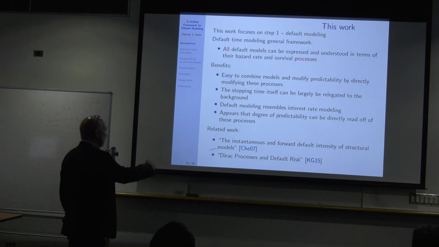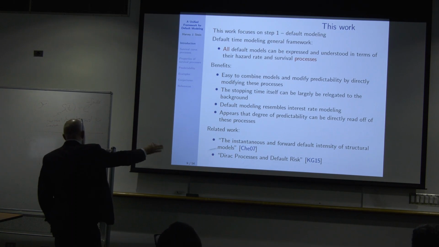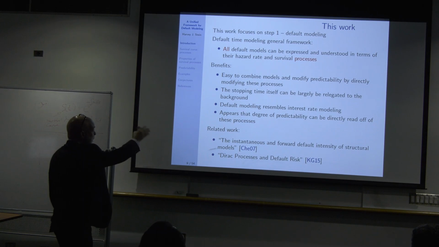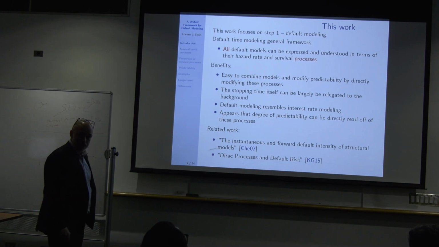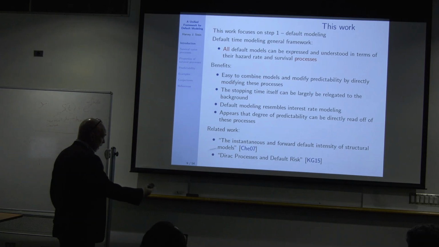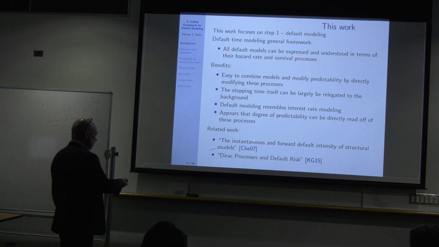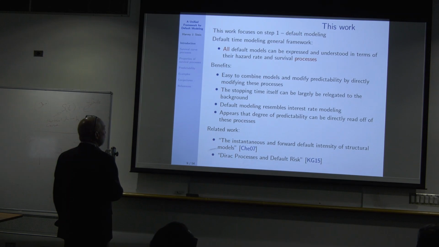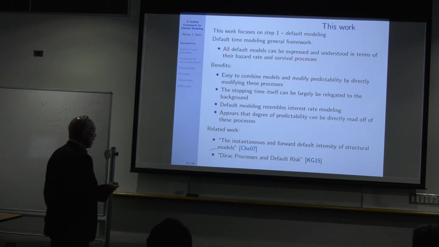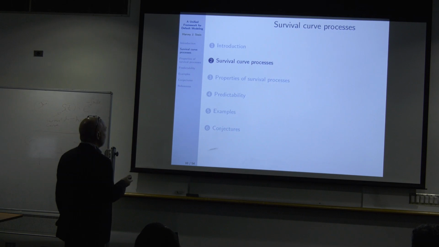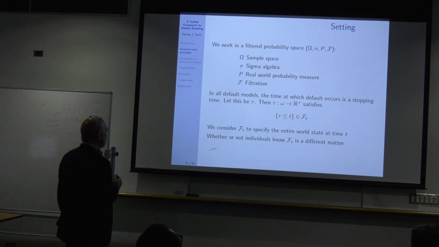Moreover, how much predictability you have, it appears that you can read directly off of these processes, rather than having to work with the abstract notions of accessibility and predictability. So some references, Chan and Kenyon Green. You'll see why Dirac processes show up. Okay, so let's start with the survival curve process.